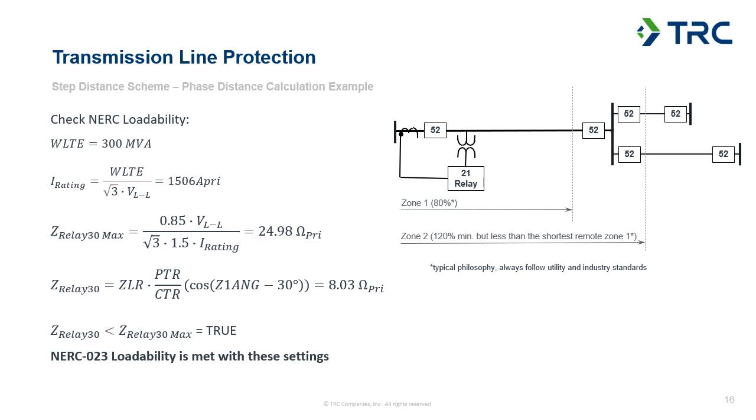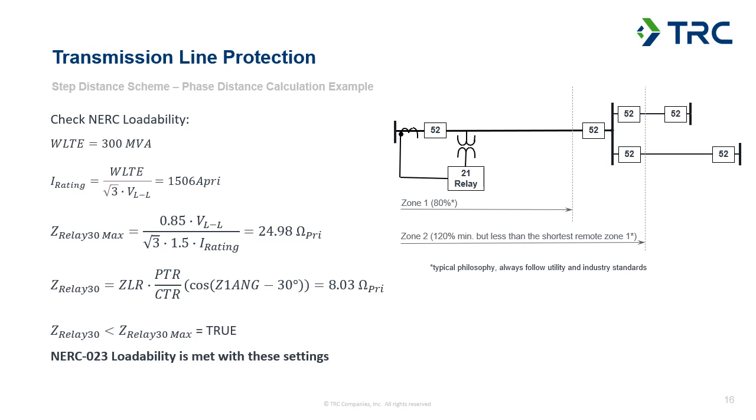So in this case, our relay at 30 degrees is going to reach just about 8 ohms primary, because that is less than the maximum reach allowed before you have a loadability issue. Your NERC loadability is met with these settings.